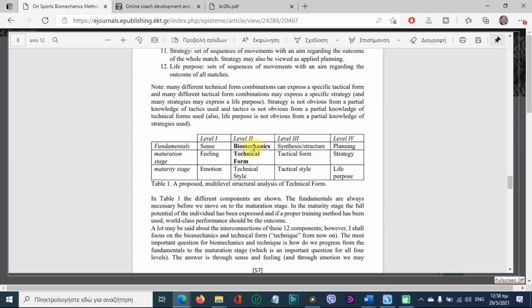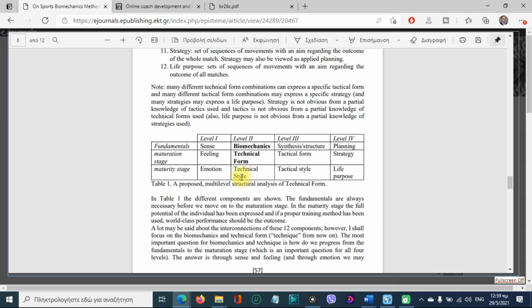So then we have biomechanics, which is followed by technical form, which is the application of biomechanics to a human body. And when that human body, for example, us, plays tennis or table tennis or swims or plays golf or whatever else for a very long period of time, then we have the maturity stage, which is the style.